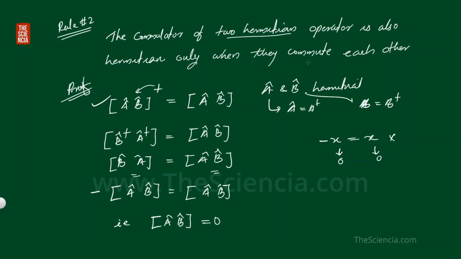That is, they commute each other, that is AB minus BA is equal to 0. That is why we say they commute each other.